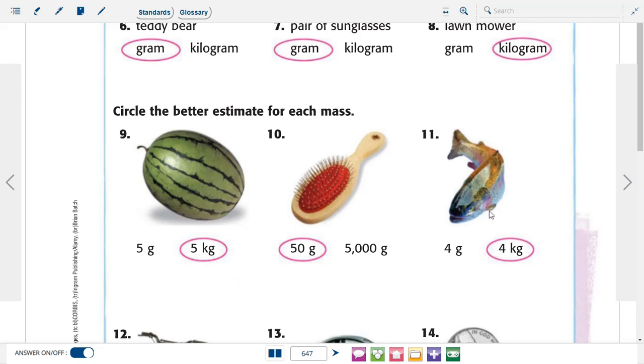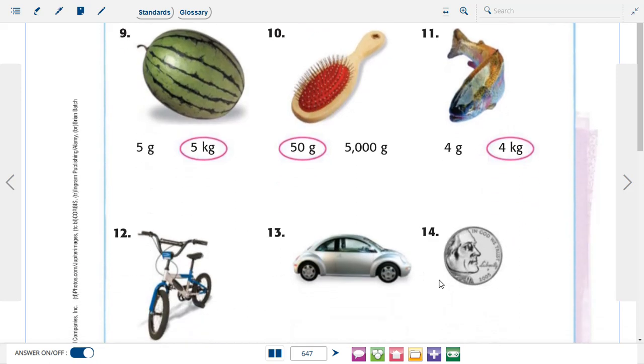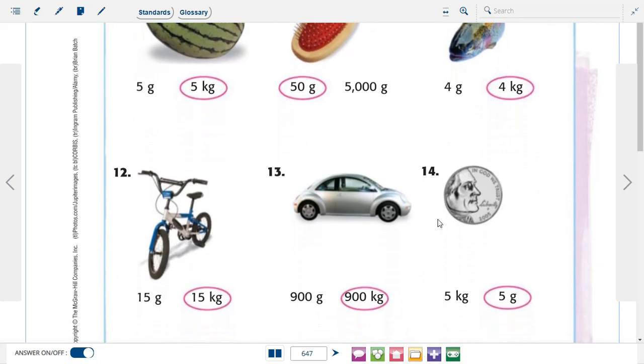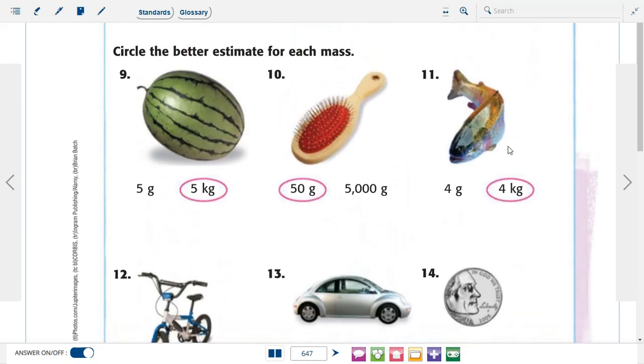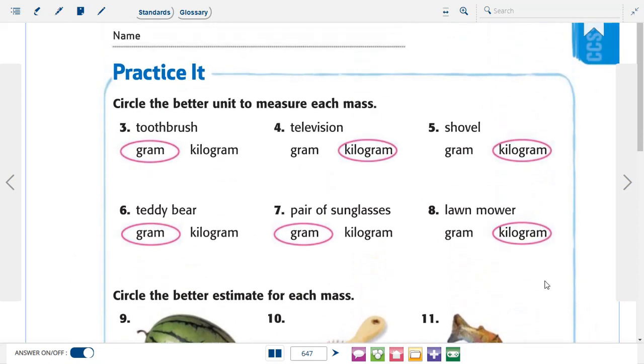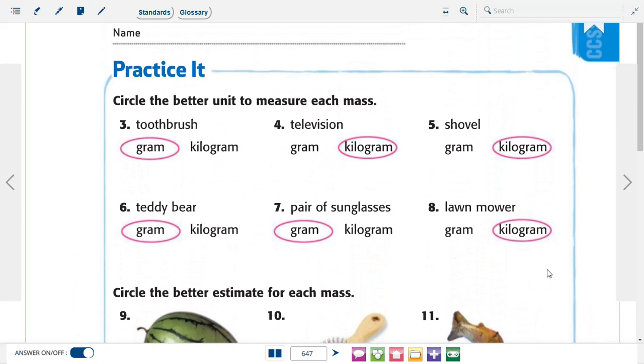Yes, 50 gram. This fish, 4 gram or 4 kilogram. It looks very big to me, so kilogram. The bicycle, kilogram. The car, kilogram. Okay, this kind of money, gram. Excellent. That's it for this page. I will show you the answers. Write them fast.